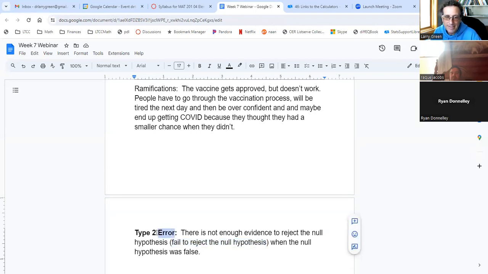Okay, and again, it's an error. Errors are bad. What are the ramifications of a type 2 error? Very different than a type 1 error. See if you can put it in the chat box or say it. What terrible things happen because of a type 2 error?